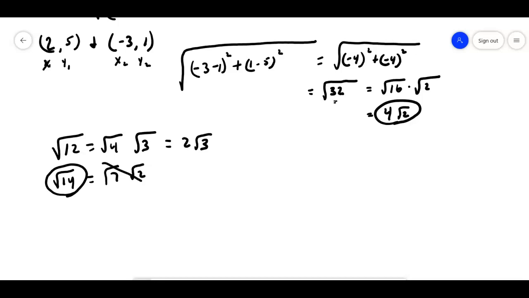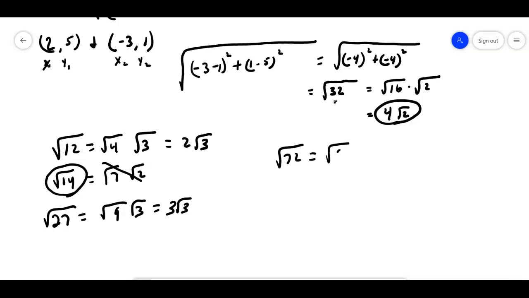Okay, so let me just show you one more. Let's say you had 27. And so I know that's 9 times 3. And so the answer would be 3 square root of 3. Okay. Now, actually, let me show you one last one. Let's say you had 72. Sometimes people have a little trouble with this.